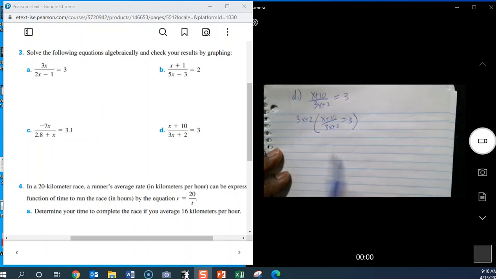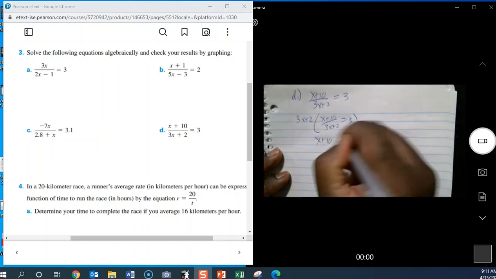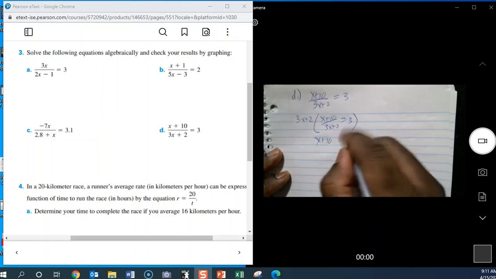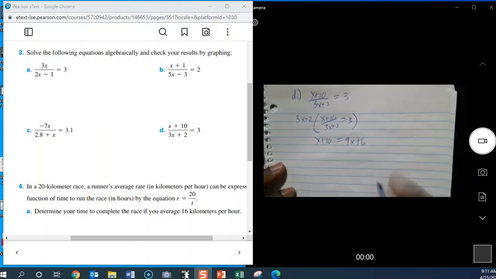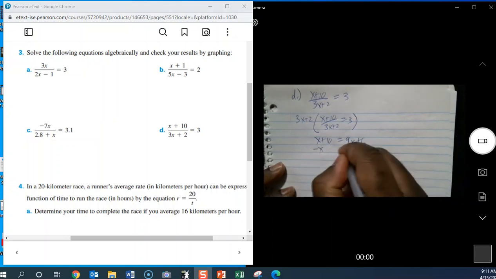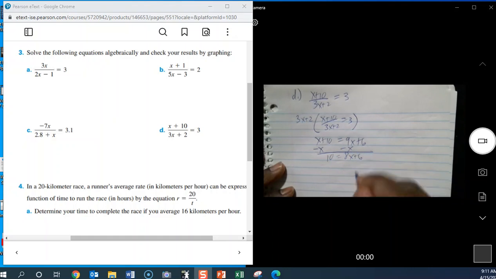The 3x plus 2 simplifies out, and you're left with x plus 10. Then 3 times 3x is 9x, and 3 times 2 is 6. Now we solve for x. We subtract x on both sides, and 10 is equal to 8x plus 6. Subtract 6 on both sides, 10 minus 6 is 4, is equal to 8x. Divide each side by 8, and we know 4/8 is the same as 1/2 is equal to x, or you can write it as 0.5.